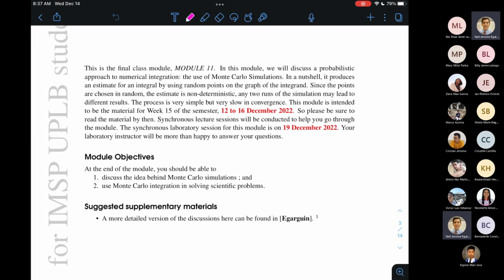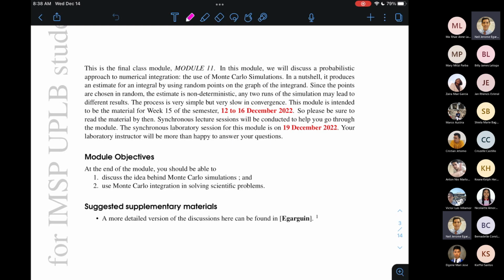All right? Hindi katulad ng Newton Cotes quadratures na pipili ka on the onset ng abscissas na gagamitin and then you plug it into your formula or you plug it into your interpolating function. And then you get an interpolating polynomial, then you integrate it, you're gonna get your estimate, ano? Sa Gaussian quadratures naman, predetermined yung mga abscissas.